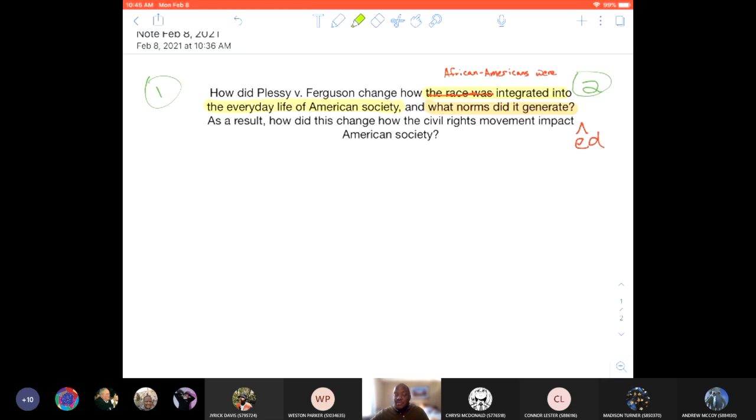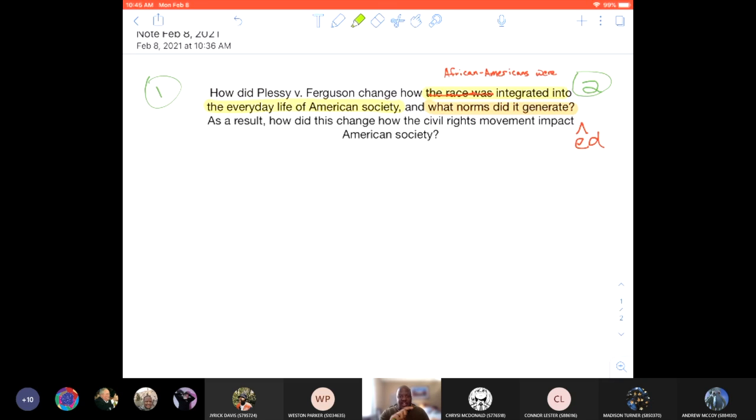And then now, how did this Plessy v. Ferguson ruling change that? So I'm going to assume that the person who wrote this didn't mean it to be that complex, and I'm just going to say that this is part 3 instead of it being like 3A and 3B. And say that they probably meant, how did this impact maybe the civil rights movement, or how did this impact American society, right?